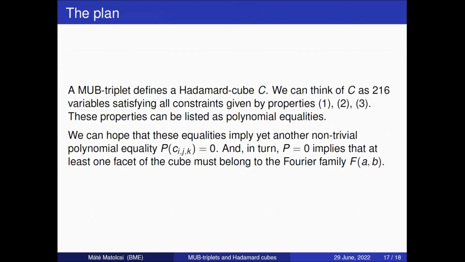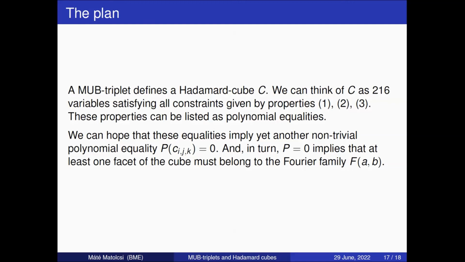It could be that these properties can be listed as polynomial equalities, right? From the variables. And what we hope is that these polynomial equalities may imply something non-trivial. That's where I suggested to Marcus that we switch on the computer algebra.